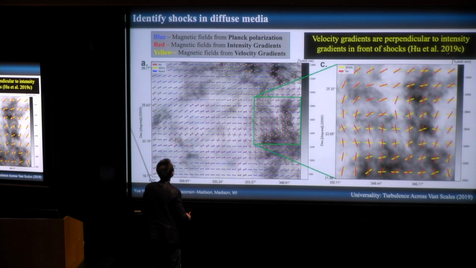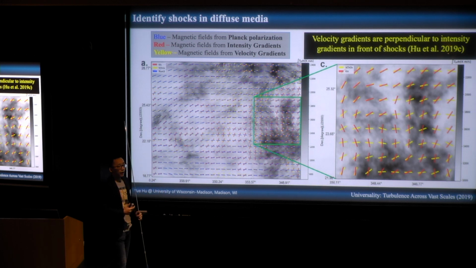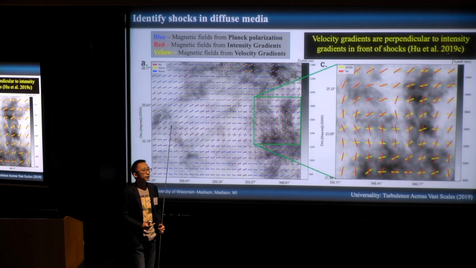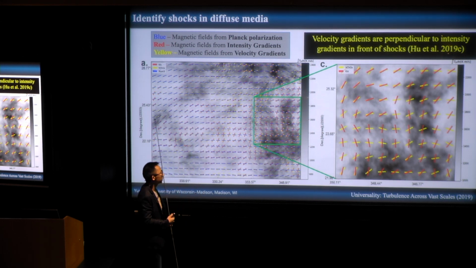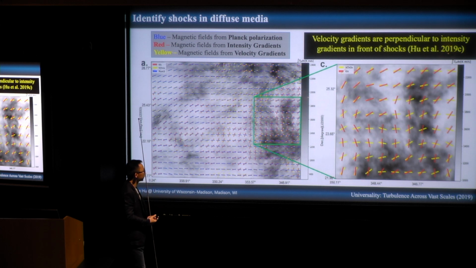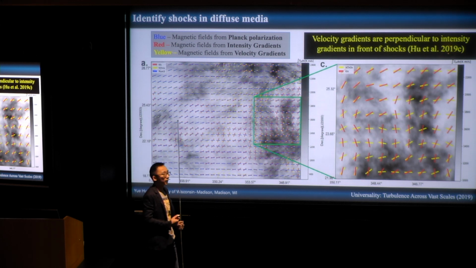And in addition to the velocity gradients, we also have the information about intensity gradients. Because the shock structure in intensity turns perpendicular to the magnetic field, that indicates the intensity gradients are actually aligned with the magnetic field.